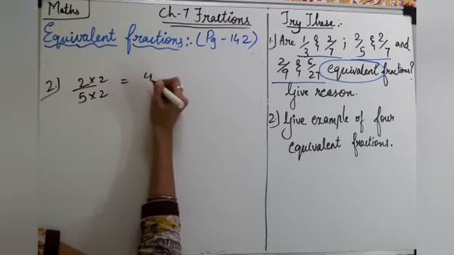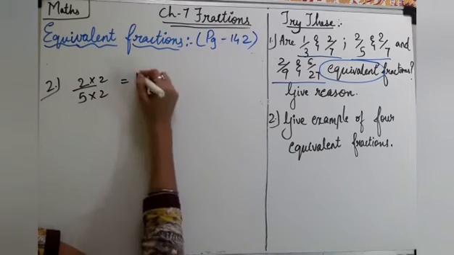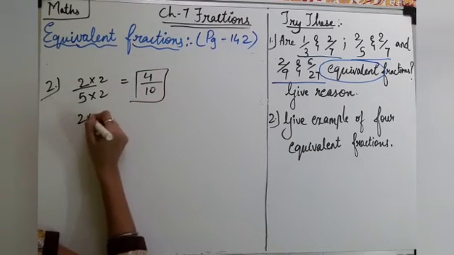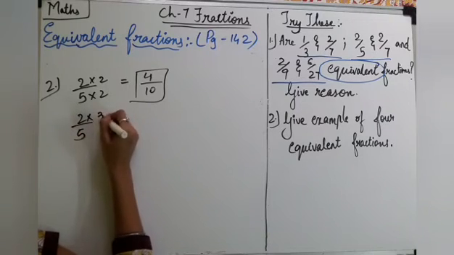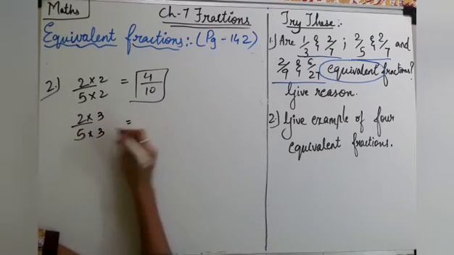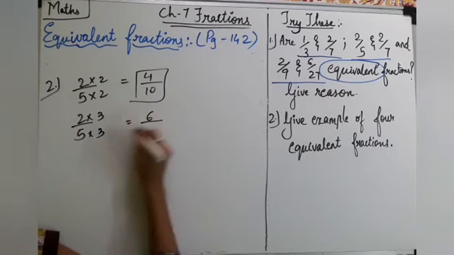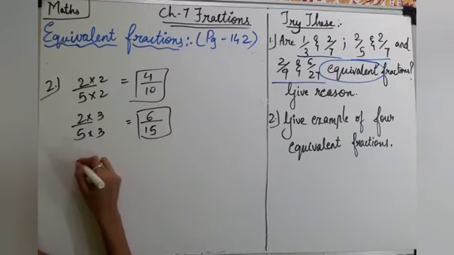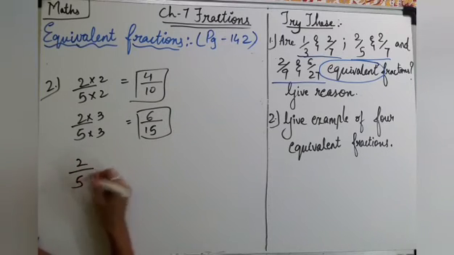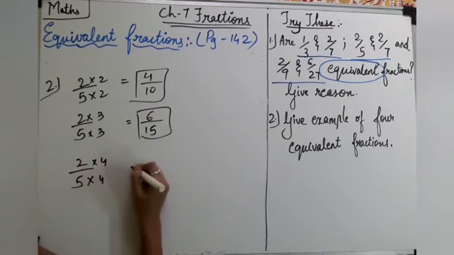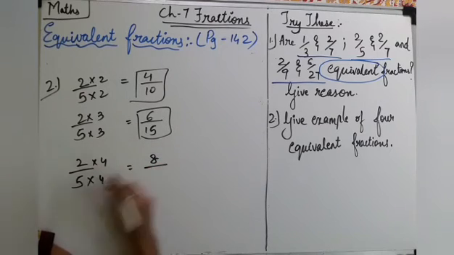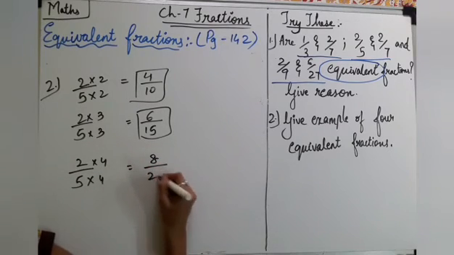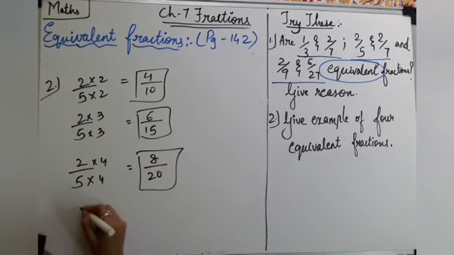2 2s are 4 and 5 2s are 10. Then 2 upon 5, I am multiplying by 3. So 2 3s are 6, 5 3s are 15. 2 upon 5 multiplying by 4. 2 4s are 8, 5 4s are 20. 2 upon 5 multiplying by 5.